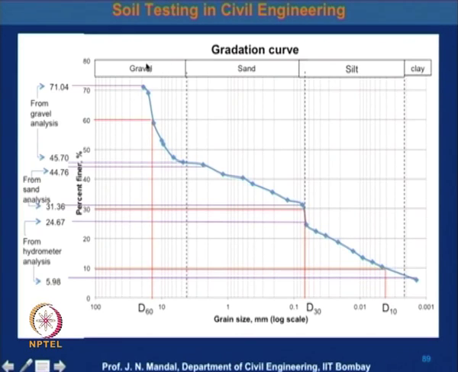This part is for the gravel analysis, this part is from the sand analysis, and then this part is for the hydrometer analysis. So, this is the relationship between the grain size on the x axis in millimeter, on a semi-log scale, and the percentage final in percentage.